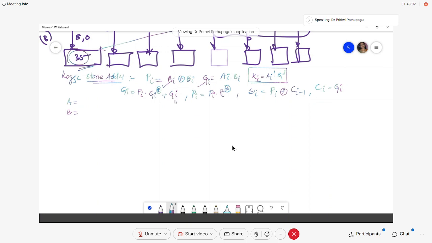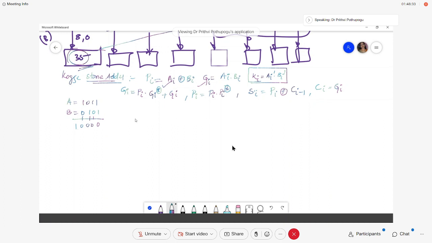Okay. Let us take 1 0 1 1 and 0 1 0 1. What should be the result for us when you are adding these two? 1 0 1 0 0 1 0 1. Not 0 0 0. Okay.